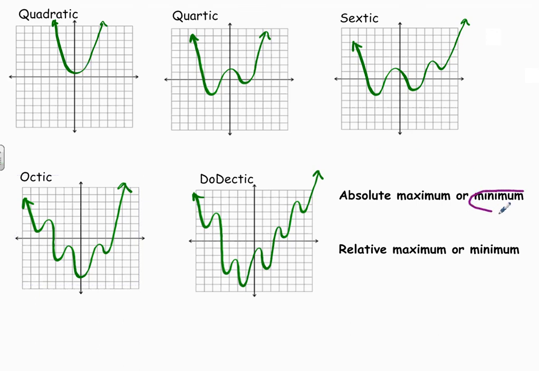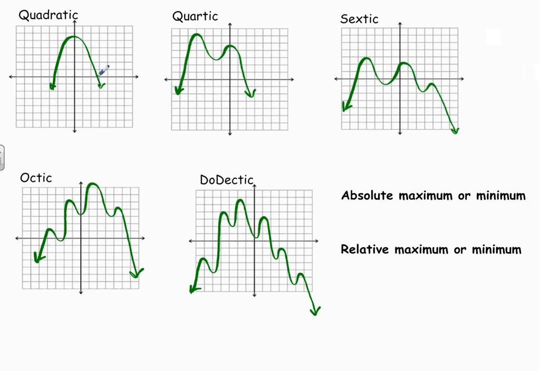It has a low point that you cannot go any lower. Here's a low point that I cannot go any lower. That's where my range actually starts. I do have a relative maximum here and another relative minimum here. In the sextic, we have again, here is our absolute minimum, relative maximum, relative minimum, relative maximum, relative minimum.